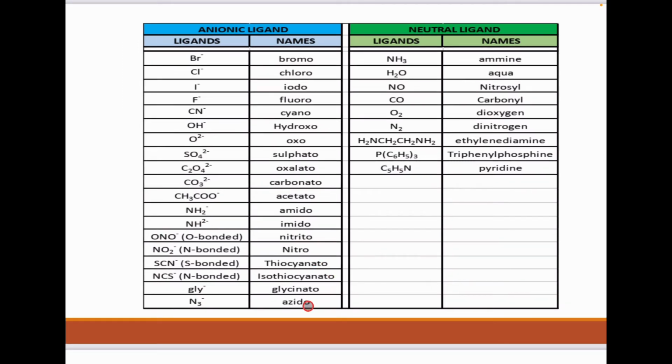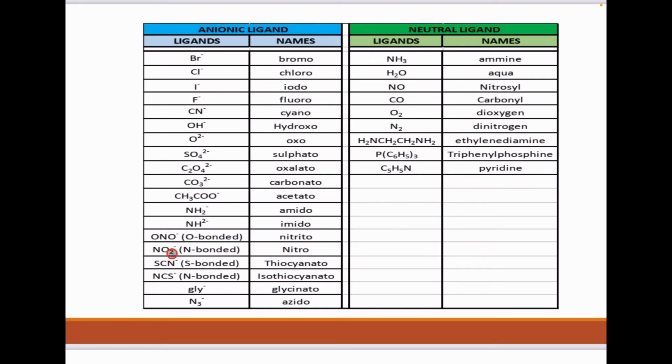So we know this is ionic, meaning that it has a charge. Depending on the ion, here O and O, the oxygen bonded, means nitrito.